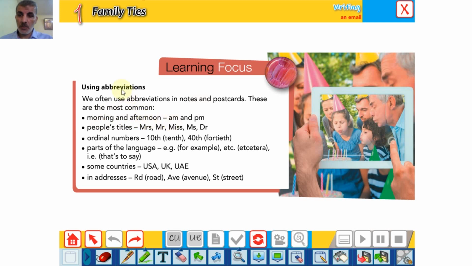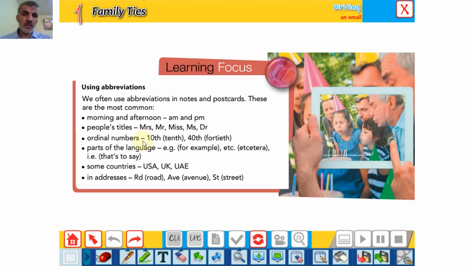This is called abbreviations. People's titles, instead of saying Mr. or Mrs. or Miss or Ms. or Dr., we use these abbreviations.